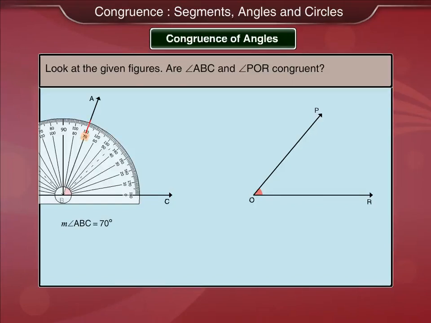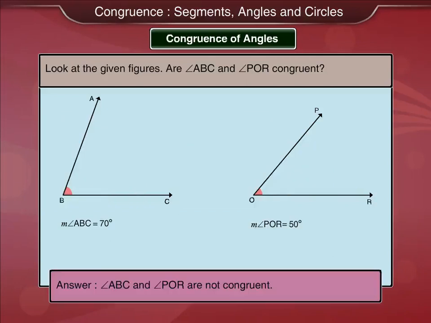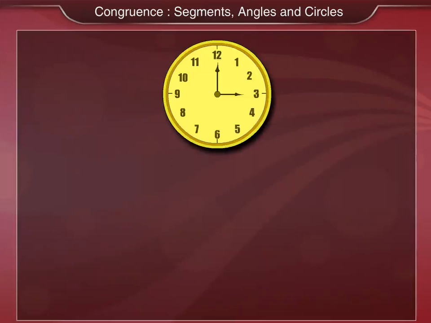At which other time is the angle between the hands congruent with this angle? At 9 o'clock, the minute hand is at 12, while the hour hand is at 9, making a 90-degree angle. Therefore, the congruent angle formed by the clock is at 9 o'clock.